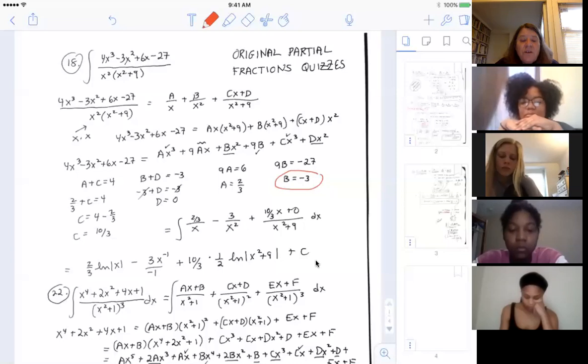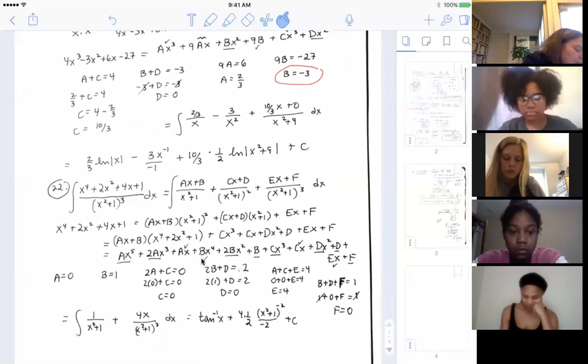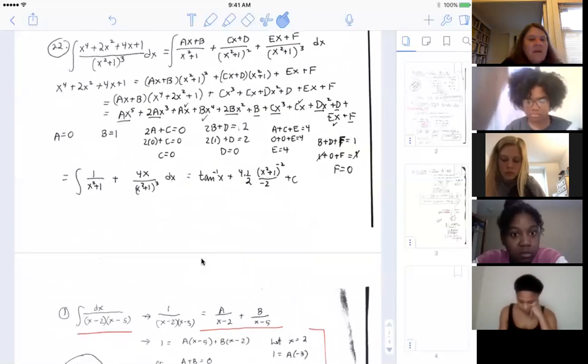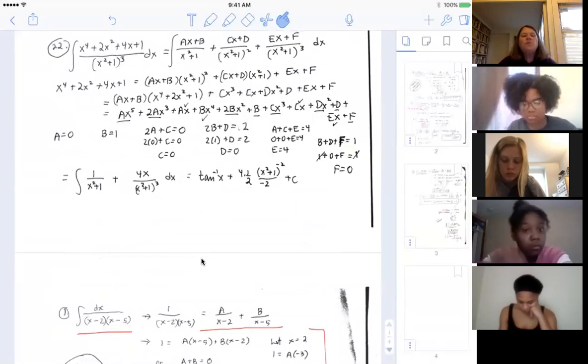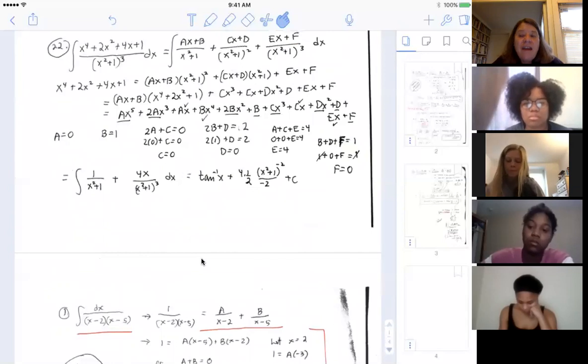The next one, let's see what we got on the next. The next one actually looks messy, but it's actually not bad, but I want you to see how I set it up. It was x to the 4th plus 2x squared plus 4x plus 1 over x squared plus 1 cubed. Guys, that's a repeated quadratic.